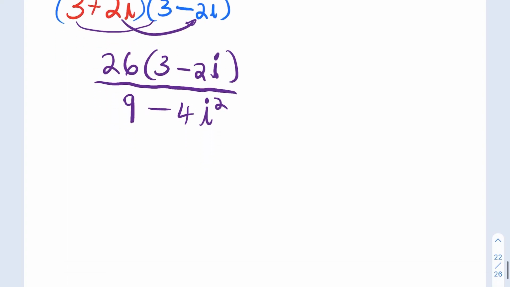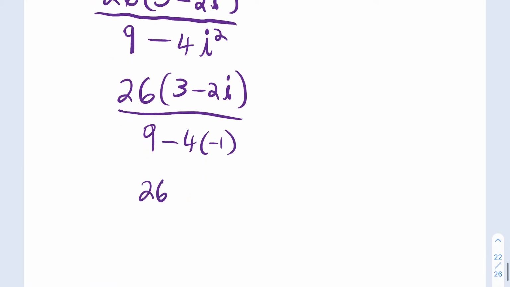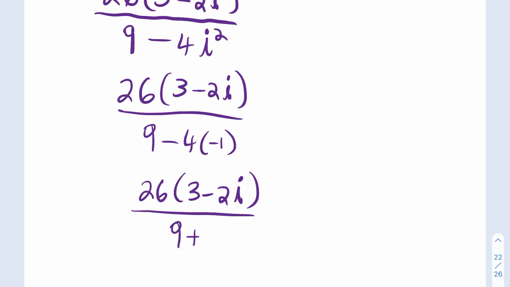But if you remember, i squared is actually negative 1, so this is 9 minus 4 times negative 1, and 9 minus negative 4 is actually 9 plus 4.